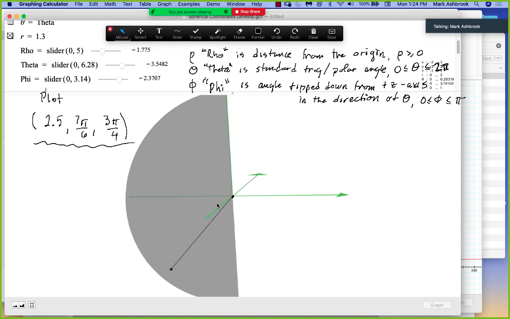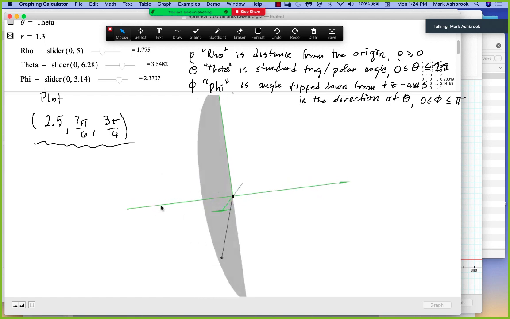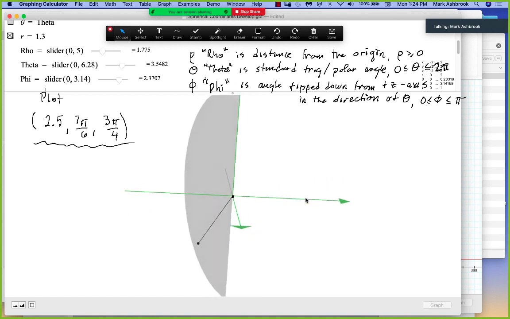So we're at 5 pi over 6 for theta, which is just past pi. And then in that direction, we tipped down from the positive z-axis 3/4 of the way to the negative z-axis, right? So let's just draw those there.